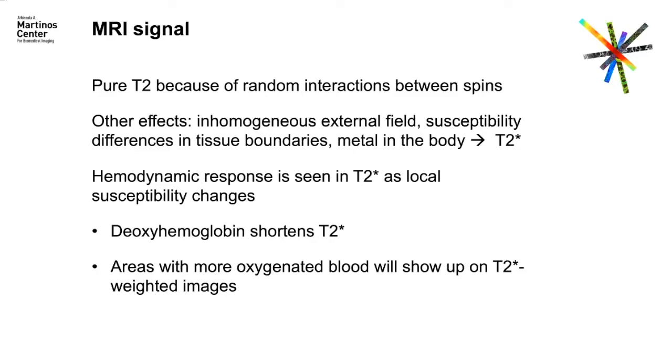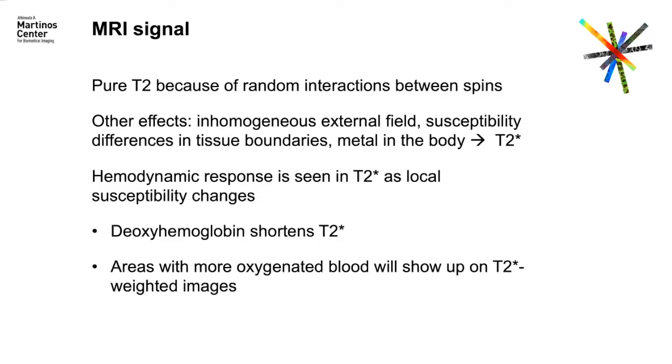So this pure T2 would be because of random interactions between different spins, but there are actually other effects that affect it too. For example, the external magnetic field can be inhomogeneous. There can be some susceptibility differences in tissue boundaries.